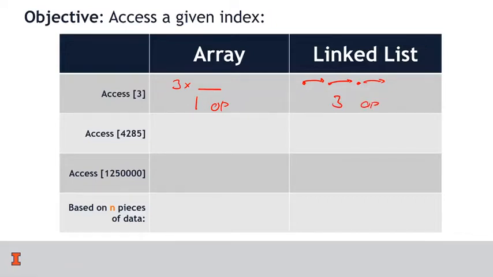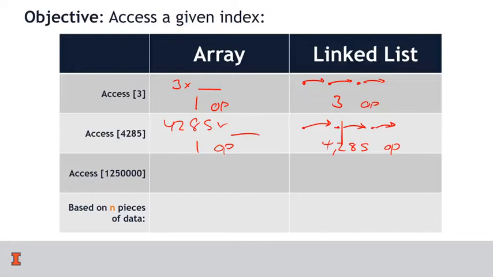If we want to access the 4,285th element, well, with an array, we do 4285 times the size. So this, again, is one operation. In a linked list, we have to advance 4,285 next pointers. So we say that's 4,285 operations.